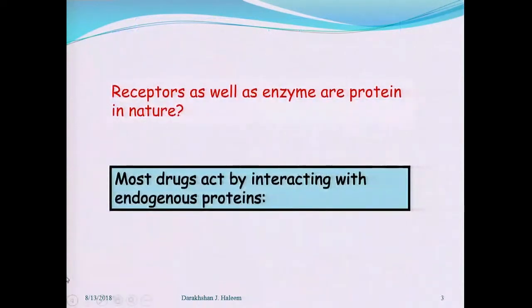So drug receptor interaction and activation or inhibition of enzyme is the most common mechanism of drug action. Enzymes as well as receptors, they both are proteins. So in fact, this is drug-protein interaction in a way, in both ways.